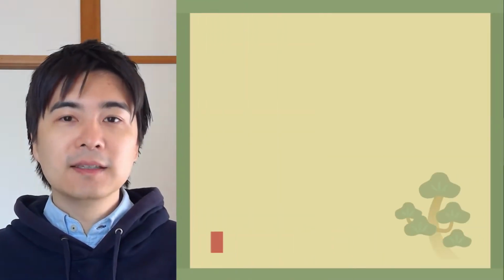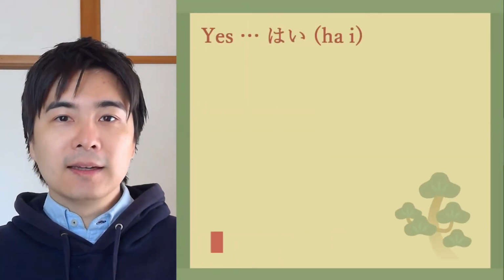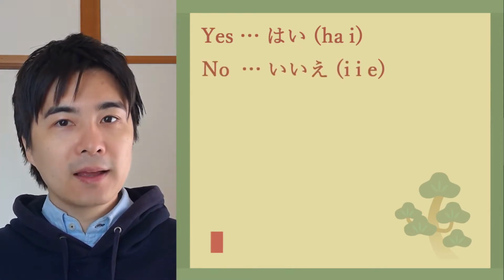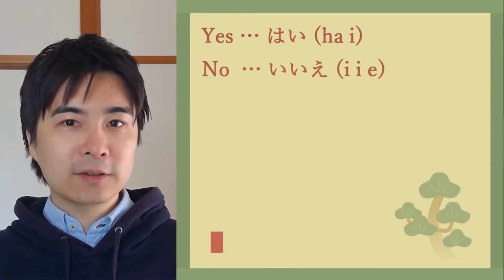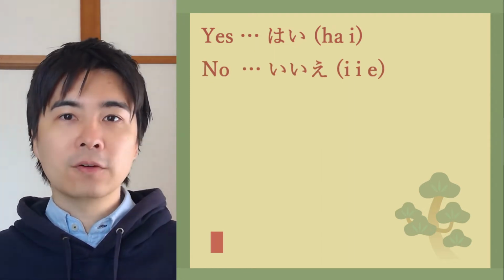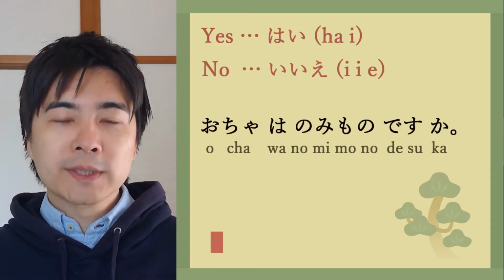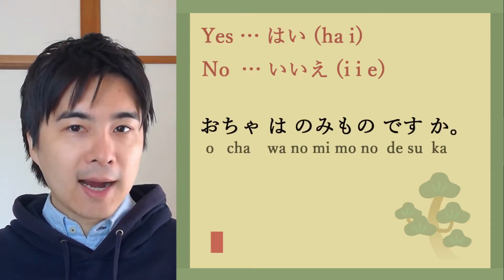Okay, so now let me explain how to answer the questions. In Japanese, yes is はい and no is いいえ. So you can answer the question using them. For example, if someone asks you, お茶は飲み物ですか?